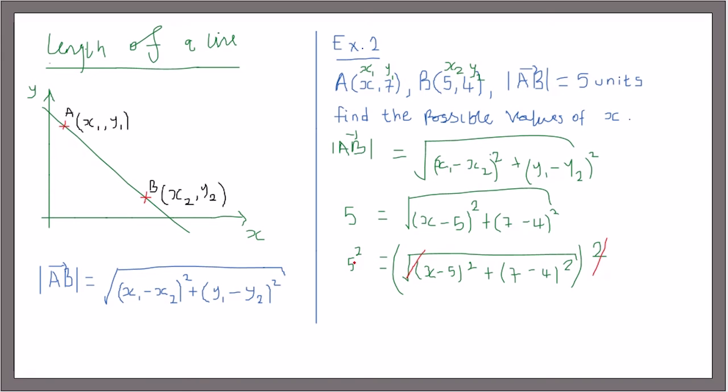So what remains on this side is 25, that is 5 squared, and this one remains x minus 5 squared, first way to expand, plus what is 7 minus 4? It is a 3 squared.